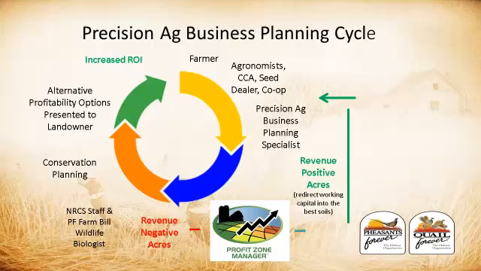But we want to look at those areas that are not so good, areas that are break even or showing losses, and try to identify what potential practices or alternative farming methods we might be able to use in those areas, to then work through your NRCS office with some of their programs, or even your agronomist or your CCA, about different strategies where we can take those negative return acres and make them positive, because this is about trying to make every acre positive.